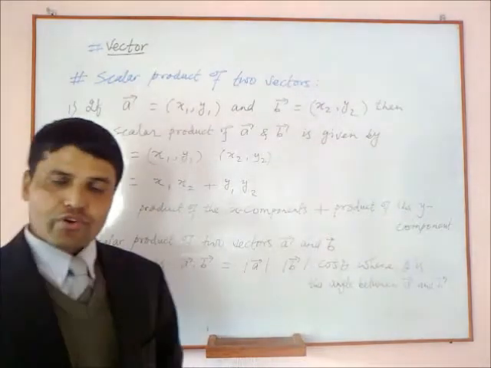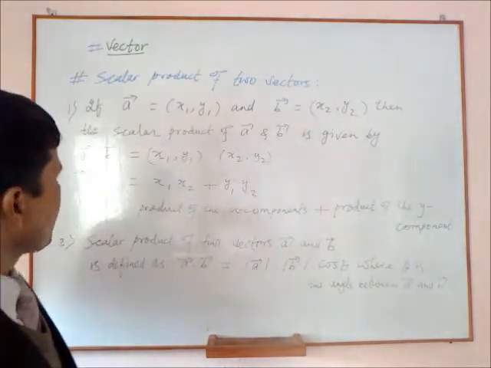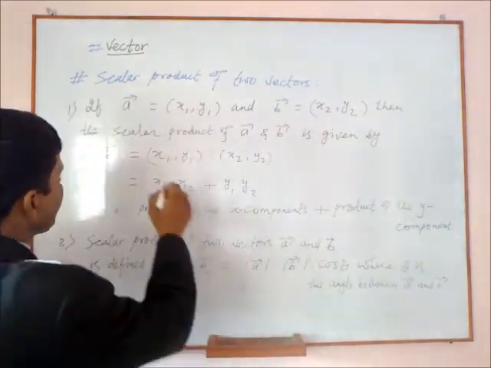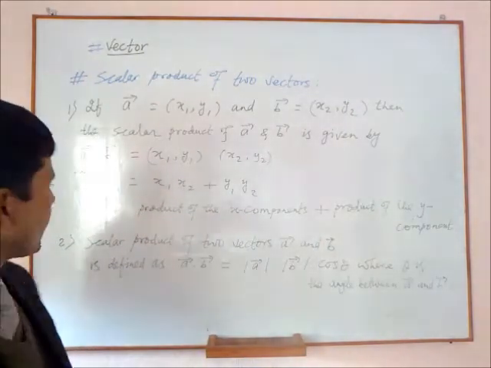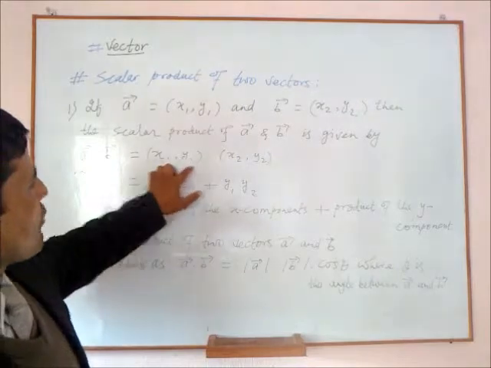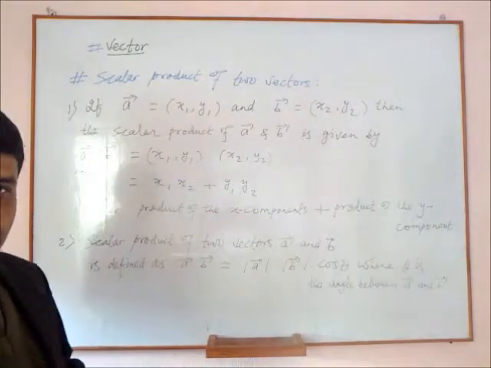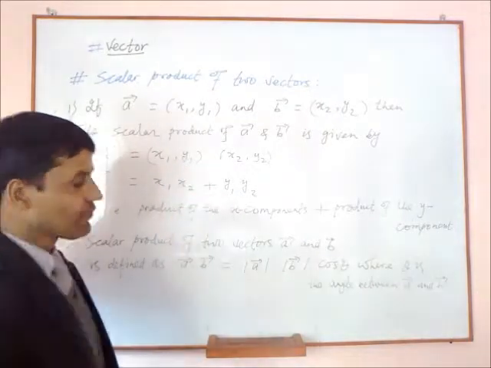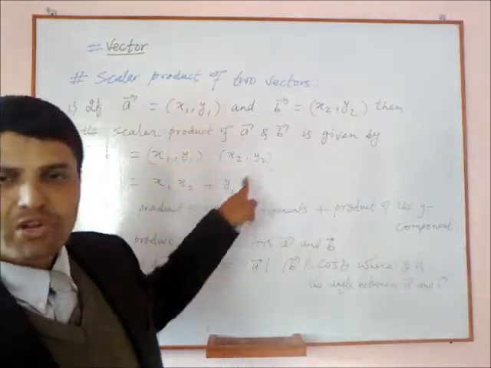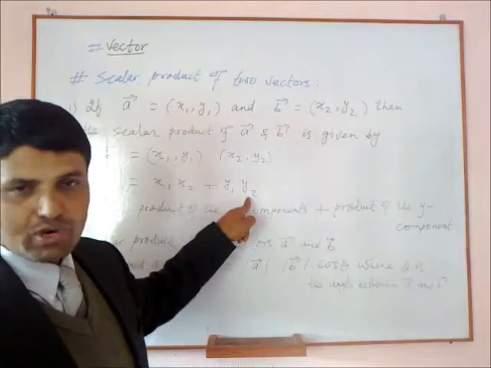Then the rule to multiply these vectors is x1 is multiplied with x2. It means x components are multiplied together, x1 times x2, plus y components are multiplied together, y1 times y2.